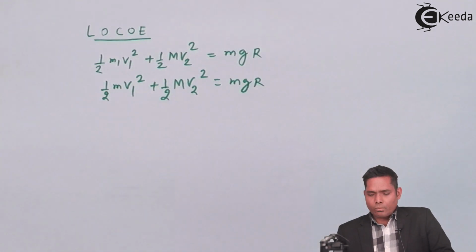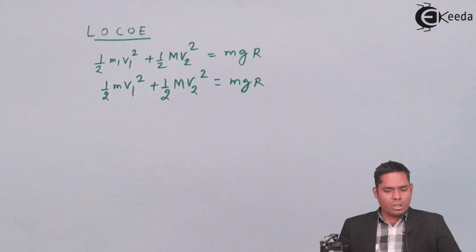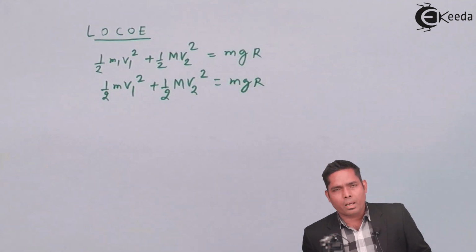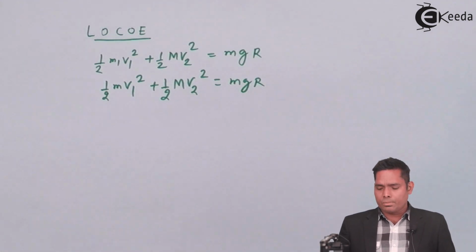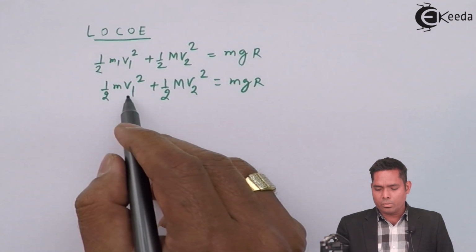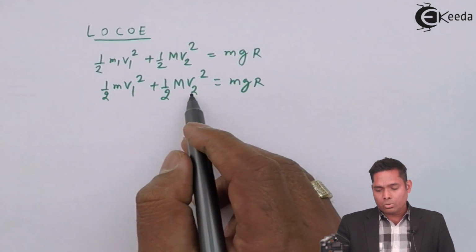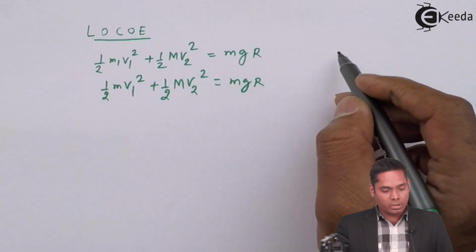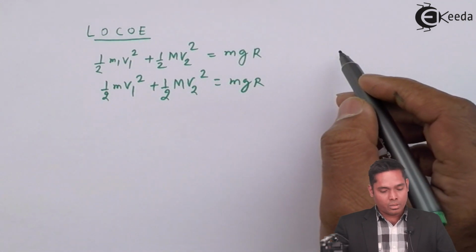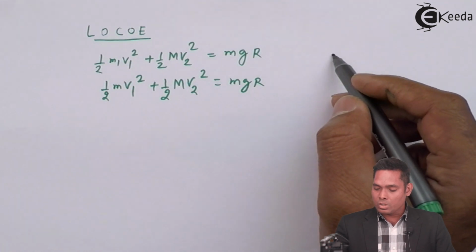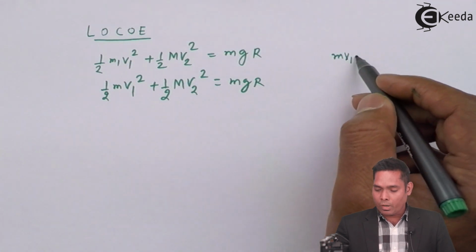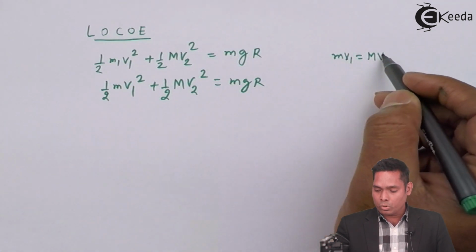now we are interested in the velocity of the small mass m which leaves the surface. That means we are interested in v1 and we don't want v2. Earlier we got the expression that small m into v1 is capital M into v2.